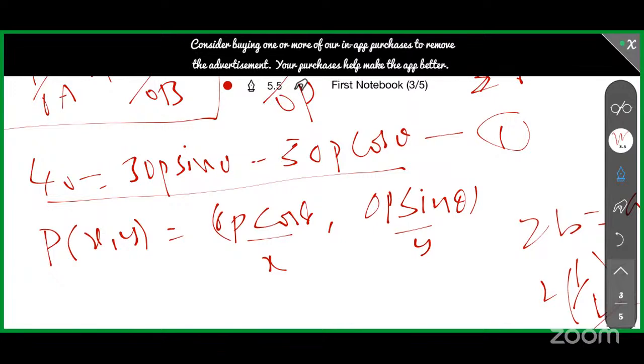What happens to my equation 1 now? It will form a straight line equation 3x minus 3y plus 40 equal to 0.